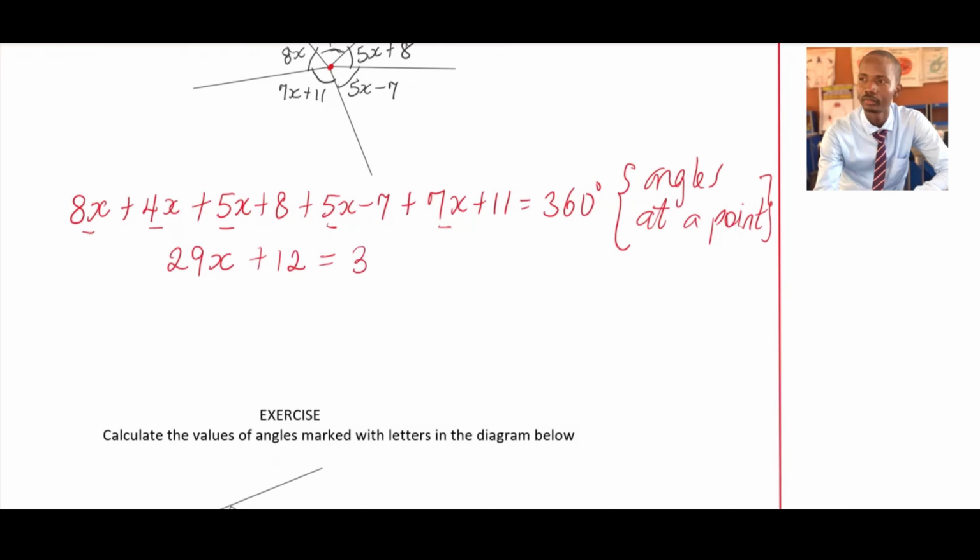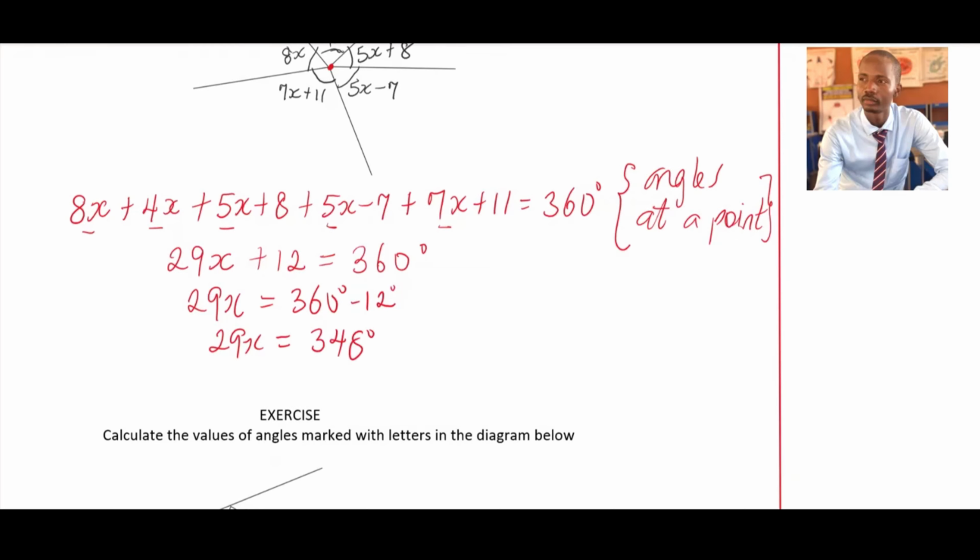equals 360 degrees. Subtracting 12 from both sides, 29x equals 360 degrees minus 12 degrees, which is 348.